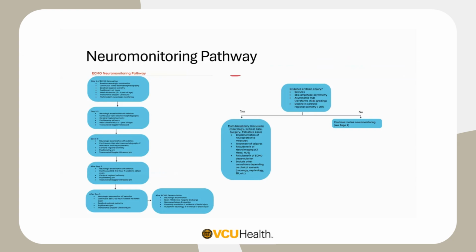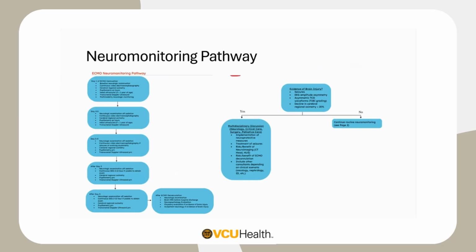So this is what we found. We recently updated our neuromonitoring pathway at our institution for ECMO. ELSO has produced recommendations on neuromonitoring for pediatric ECMO patients, and their guidelines came out around the same time as our study, so they did not account for it. They recommended continuous EEG as well as cerebral NIRS, which we use.